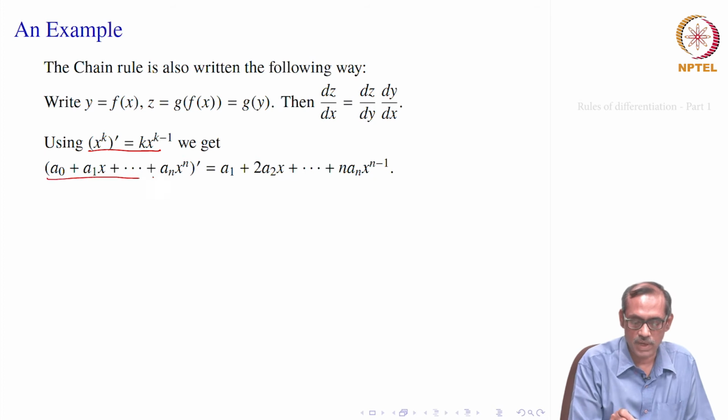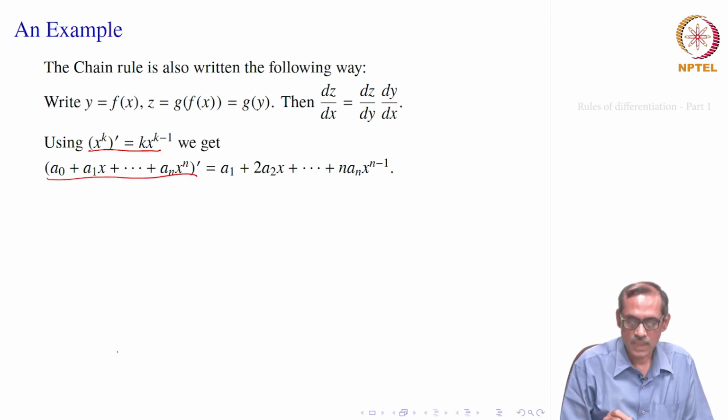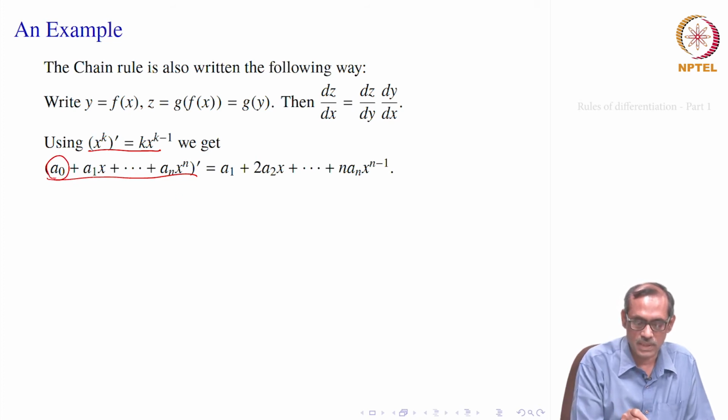So, in that case what we do? We differentiate a polynomial a0 plus a1x plus up to an x to the power n. It will be the sum of individual derivatives. So, first the derivative of a0, it is a constant, its derivative is 0, and the derivative of a1x is a1 times the derivative of x. Derivative of x means k equal to 1 here. So, that gives 1 into x to the power 0, which is 1. So, it gives a1.